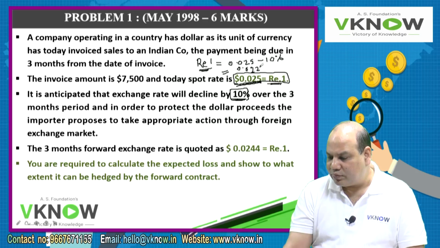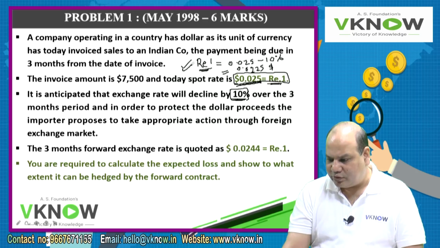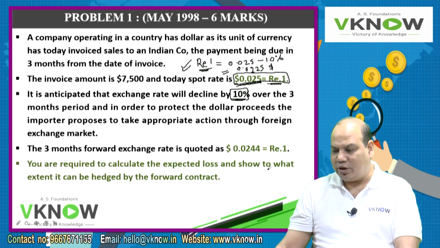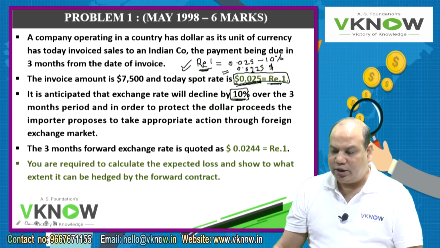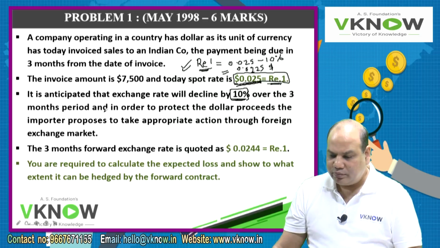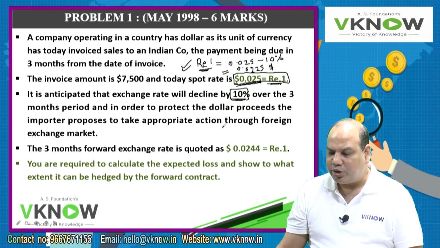So this is the expected spot rate after 3 months. In this question, the expected spot rate is given by giving you the depreciation in the Indian rupee by 10%. And in order to protect the dollar proceeds, the importer proposes to take appropriate action through the foreign exchange market.